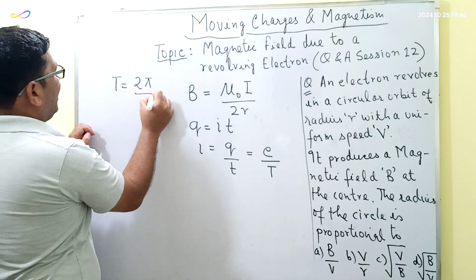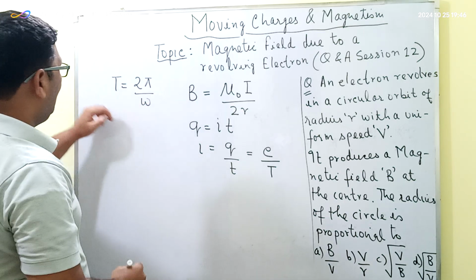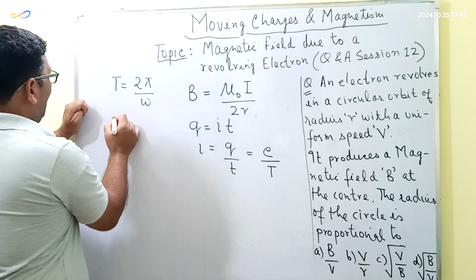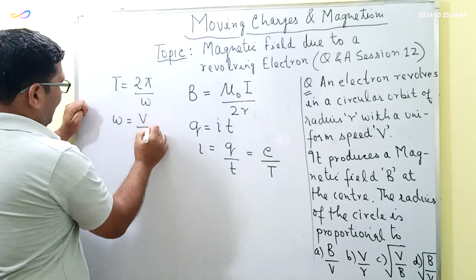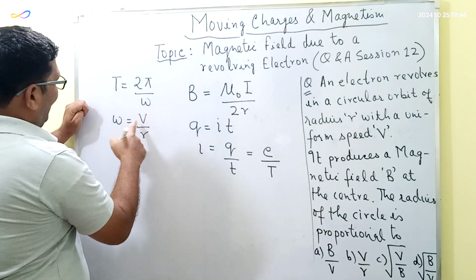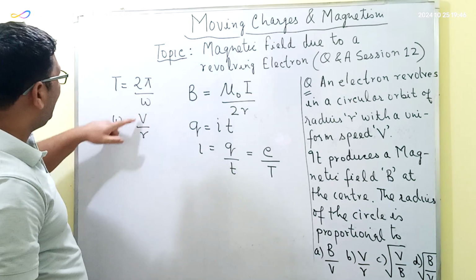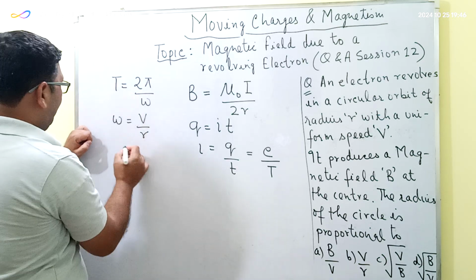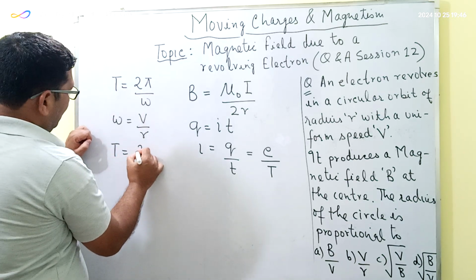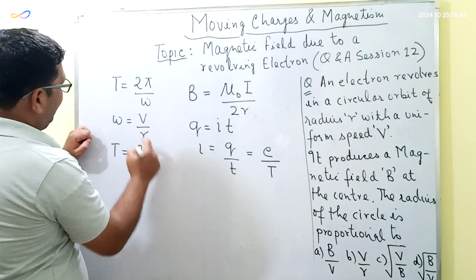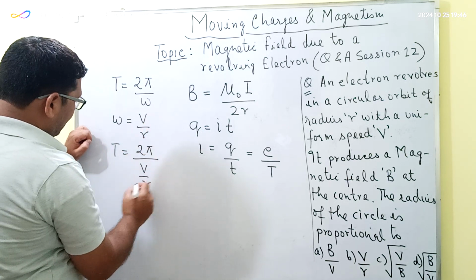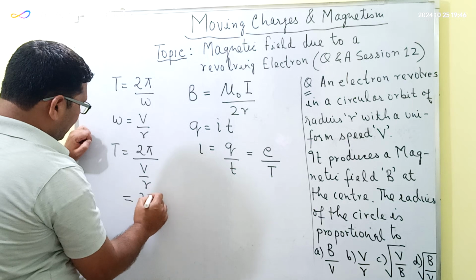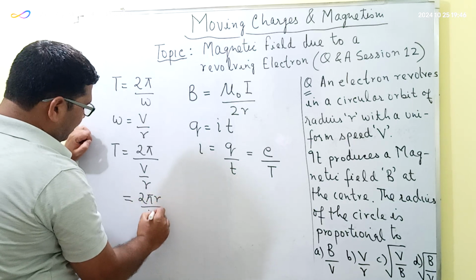Now the time period is equal to 2 pi upon omega, and omega is equal to v upon r. If I substitute this value of omega, T will be equal to 2 pi divided by v upon r, so T is equal to 2 pi r upon v.